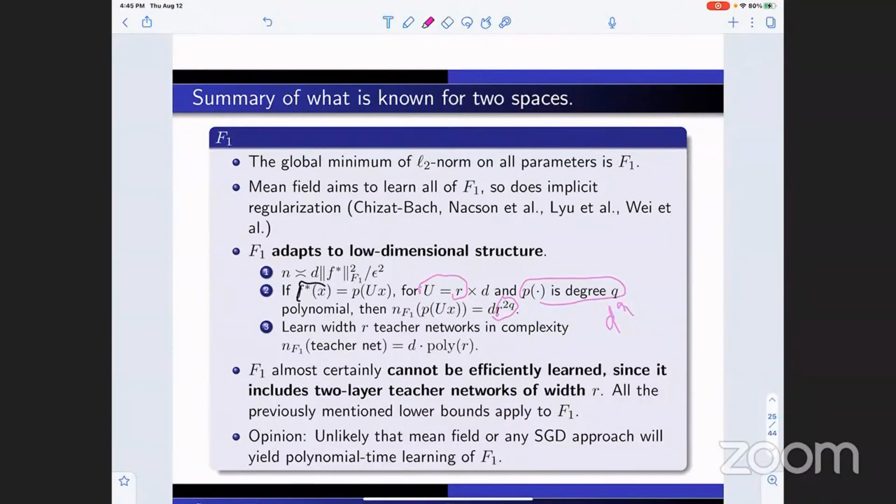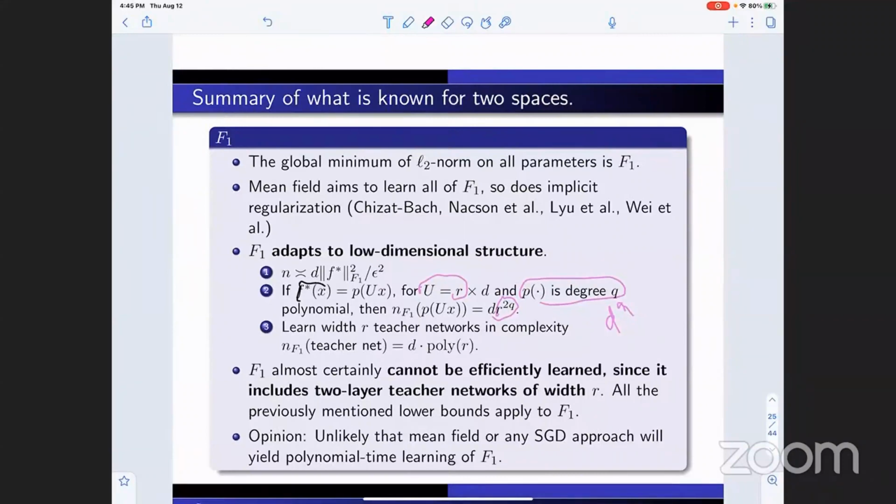Okay. However, if you're concerned with computation like me, then this F1 space is really a red herring, a distraction. F1 almost certainly cannot be efficiently learned since it includes all two-layer teacher networks of width r. So all of the previous lower bounds apply to F1.